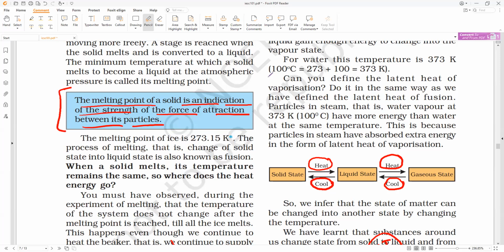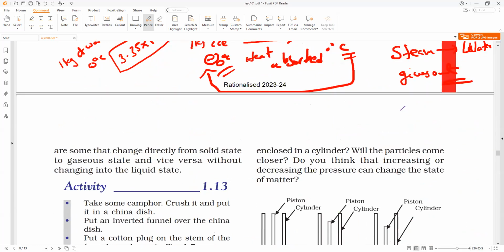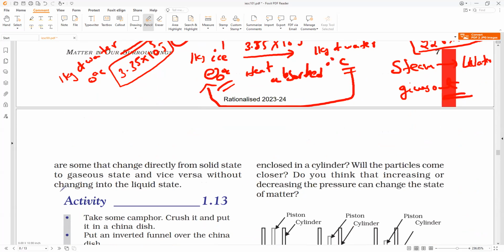Each and every statement from your book, I will turn into a concept. Next they are asking, can you define the latent heat of vaporization? They are not giving the definition, but I taught you yesterday, yes or no? So your work by tomorrow is to read till here.